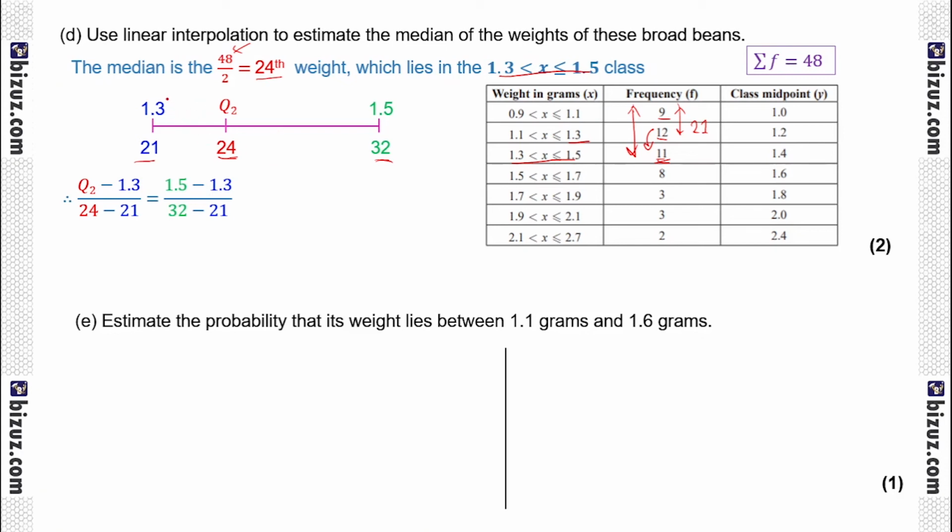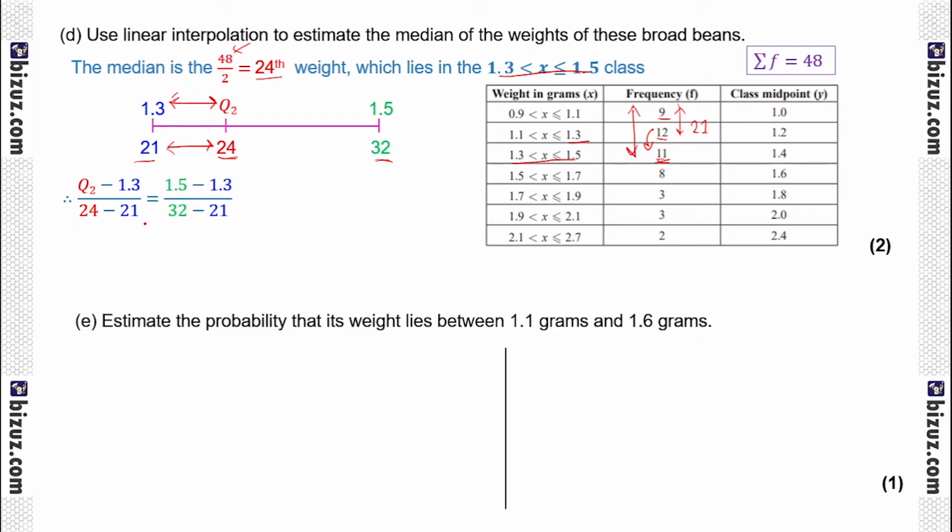On the values or weights side, if you take this distance, this difference or length, and divide by the corresponding value here, on the other side dealing with frequencies, this is the principle behind interpolation: we assume that they're similar, or really approximately the same. That's basically how we estimate.